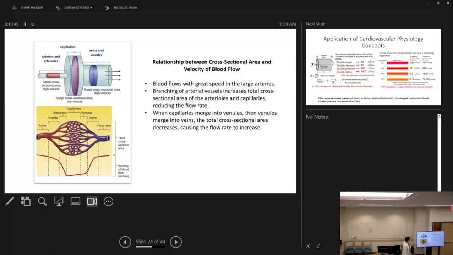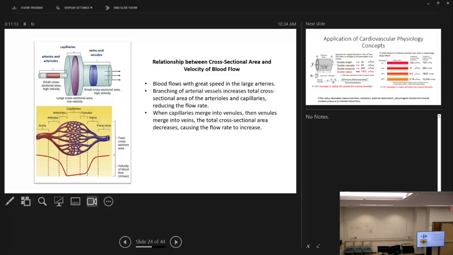So notice that you have a representation of this here. We are going to put together the cross-sectional area with the blood flow, or velocity of the blood flow. Notice how, as the cross-sectional area increases from the aorta to arteries to arterioles, the blood flow velocity goes down, down, down.